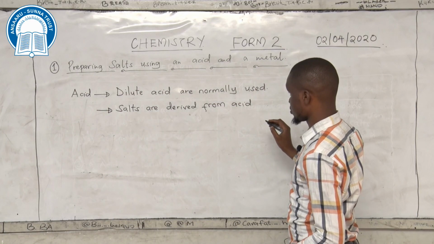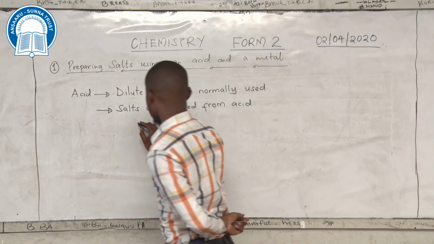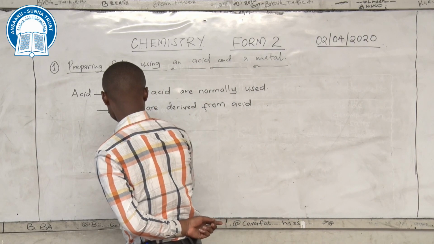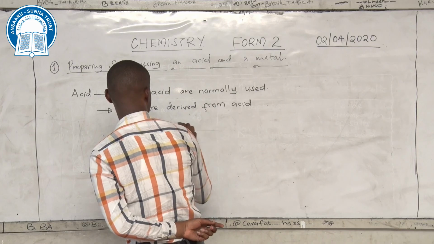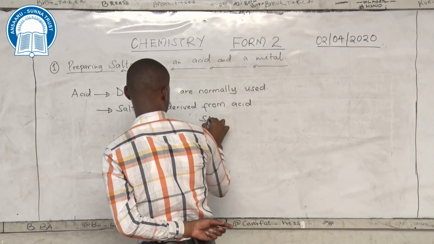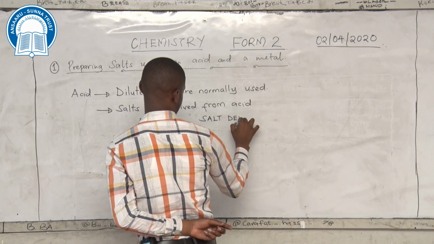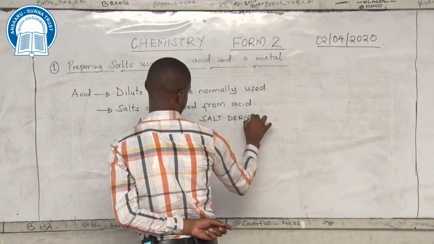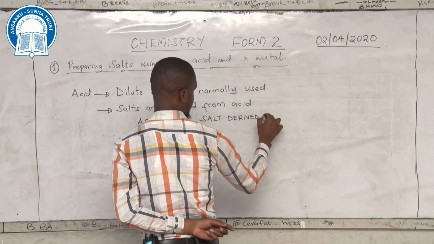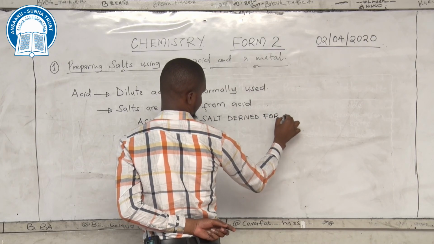Just to give you a summary, we'll talk of an acid, then you talk about the salt derived from it.